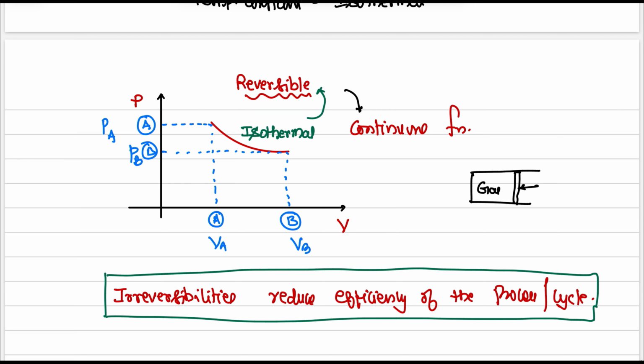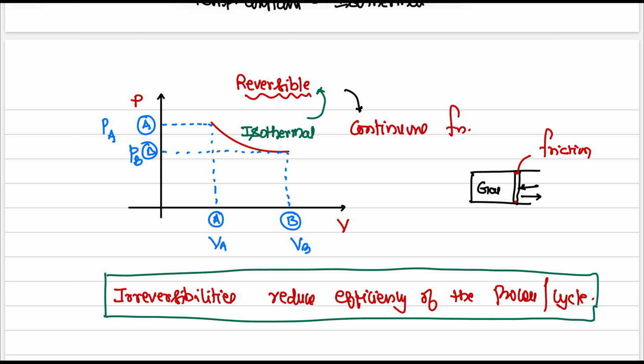The piston will be moving towards and moving away. Irreversibilities reduce the efficiency of the process or cycle, and the irreversibilities due to friction can be due to friction between the valves and the piston during the motion.